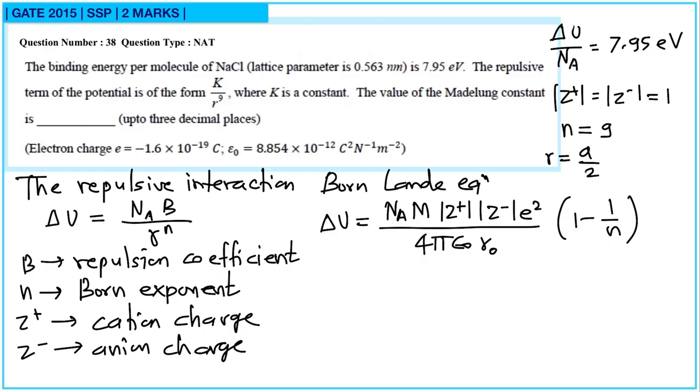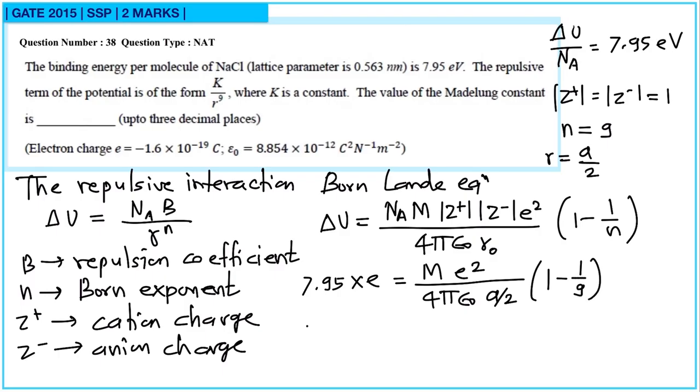So delta U by Na is 7.95 electron volt, which equals Z plus is 1, Z minus is 1, into M, into e square upon 4 pi epsilon naught into R naught, which is a by 2, into 1 minus 1 by n, so that will be 1 minus 1 by 9, and then we just have to solve it for M. So M will be equal to 1.7483.